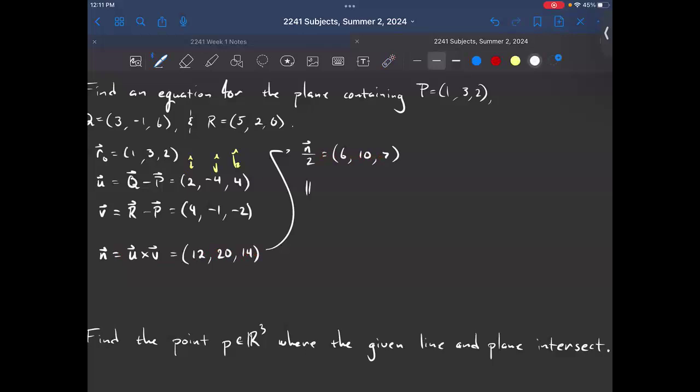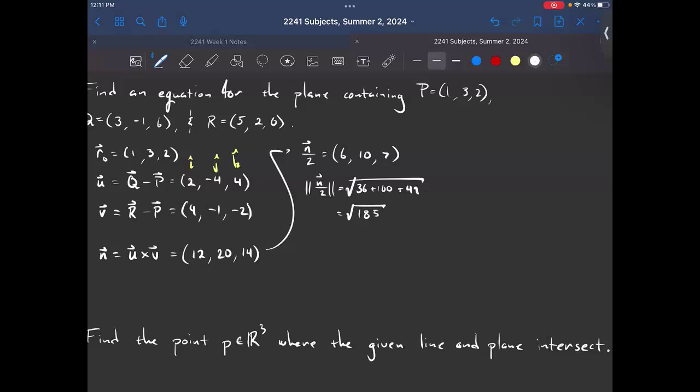So let's find the norm of n over 2. And this is going to be the square root of 36 plus 100 plus 49. Okay, and that gives me 185, I believe. So square root of 185. And I don't believe that has any nice factorizations.